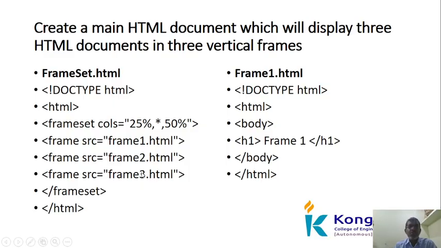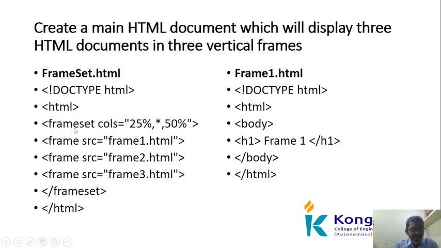Okay, so we can see one example program for frames creation. The first one is frameset.html. As usual, the first thing is the document type, so first we have to define the document type. Second, the HTML tag.